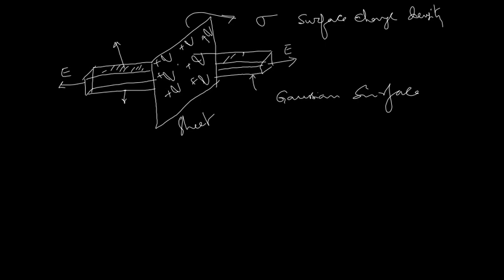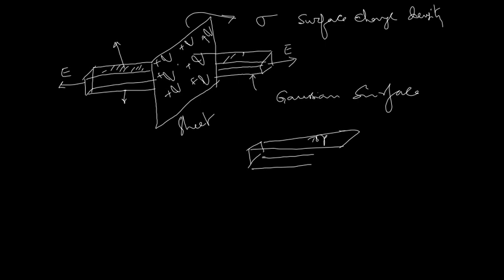Why will they be cancelling out? Because this distance is exactly the same. I will draw this one more time and then tell you. This is the top surface, and you'll have the bottom surface also like that.